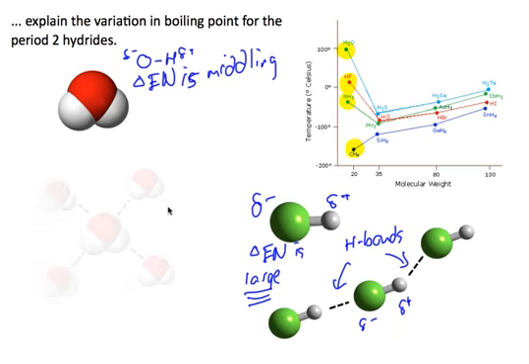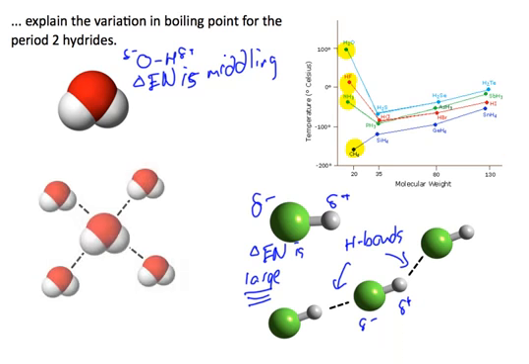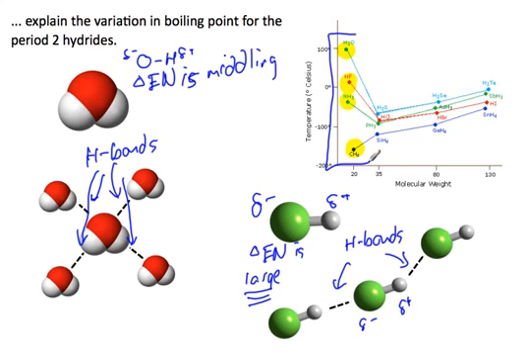Well, the answer is because it can form 4 hydrogen bonds per molecule. So it's like ammonia in that regard, but those hydrogen bonds are stronger because the delta EN is larger. So 4 hydrogen bonds between neighboring molecules gives each water molecule 4 hydrogen bonds. And so that is why the boiling point is so much higher. And so that explains the trend this way on this graph.